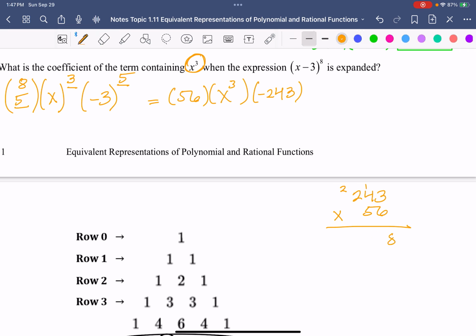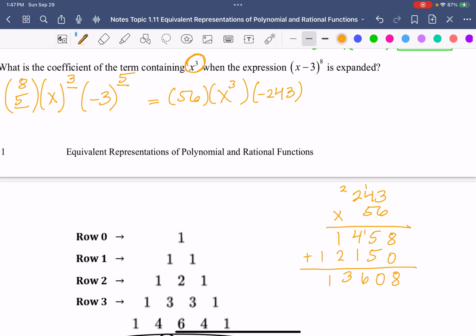So 6 times 3 is 18. 6 times 4 plus 1 is 25. 6 times 2 is 12. 13, 14. 0, 15. 5 times 4 is 21. 5 times 2 is 10. Plus 2 is 12. 8, 10, 4, 5, 6. 1 plus 2, 3.